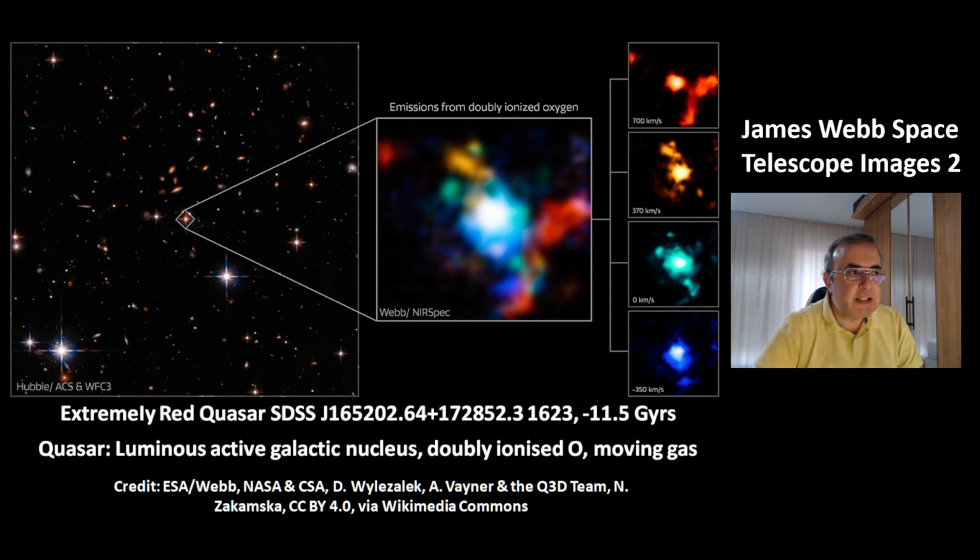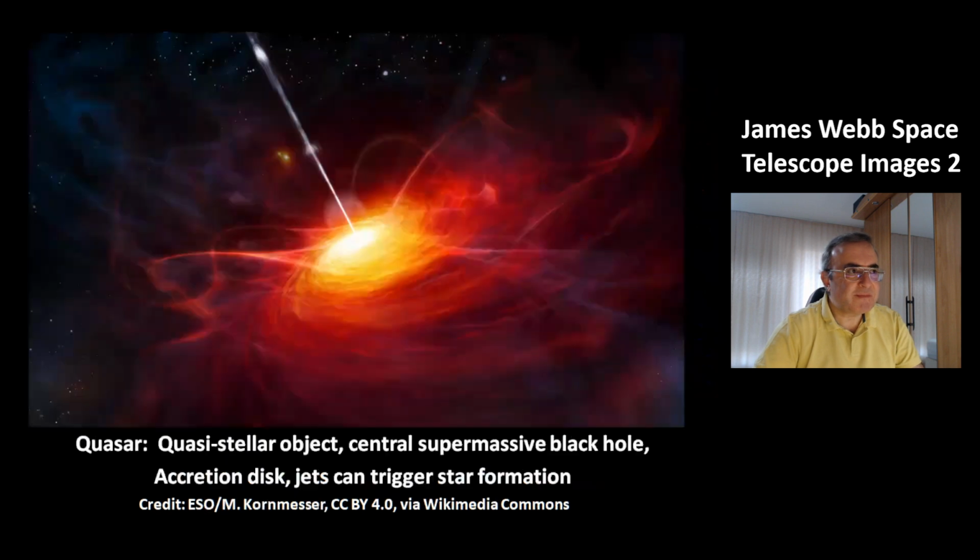Quasars are luminous active galactic nuclei. This picture is made of doubly ionized oxygen emission, and it shows you the moving gas. This is a computer render of what a quasar could look like. It's a quasi-stellar object. In the center there's a supermassive black hole, which forces matter into an accretion disk around the black hole.